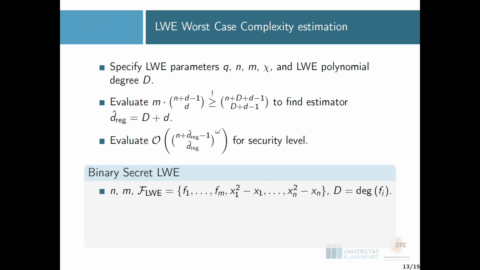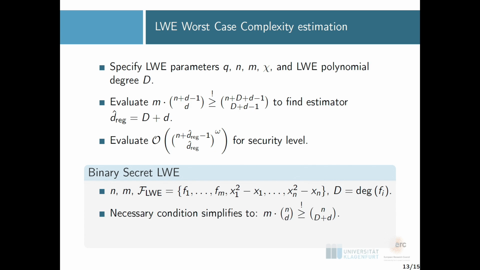So if we work with binary secret LWE, the only monomials that have to be non-trivially generated in your degree of regularity estimation computation are the square-free monomials. So in the binomial coefficient from above, we can replace this necessary condition with the necessary condition representing just the square-free monomials, which is this inequality.